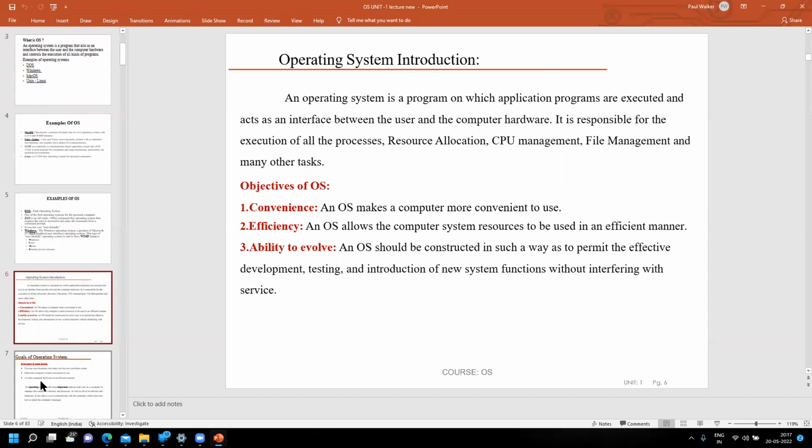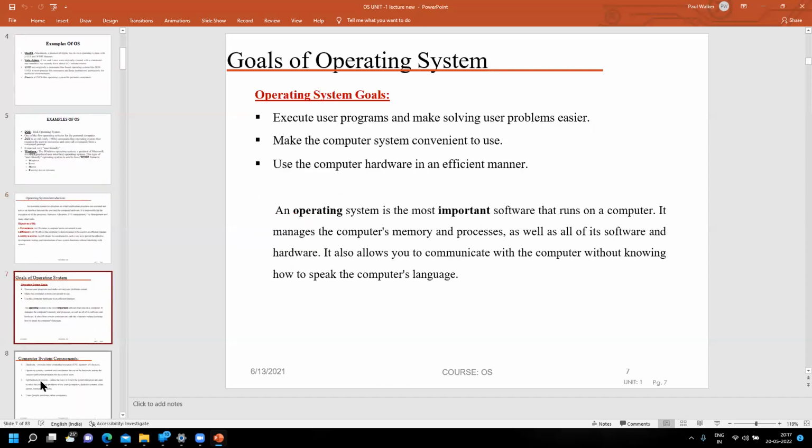They are used by millions of people around the world. Efficiency: it provides effective efficiency as it is capable of sharing multiple resources among multiple tasks simultaneously. It has the ability to evolve. It provides effective functionality and effective testing without interference with any other application.